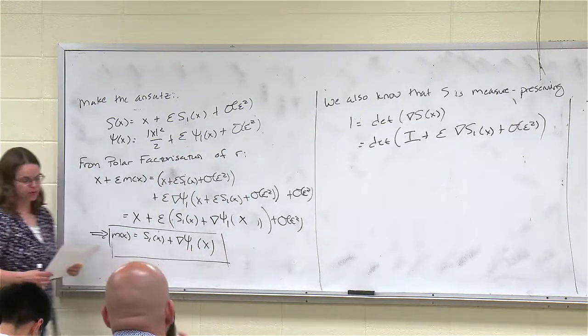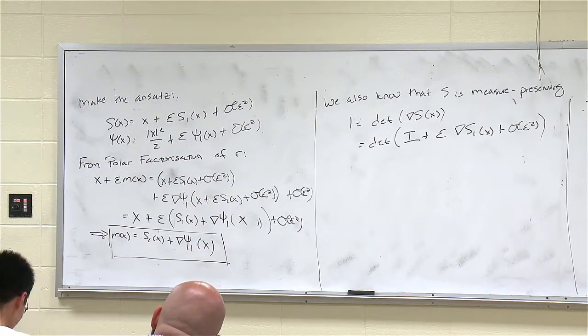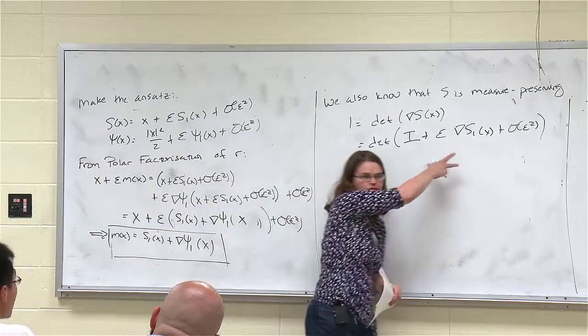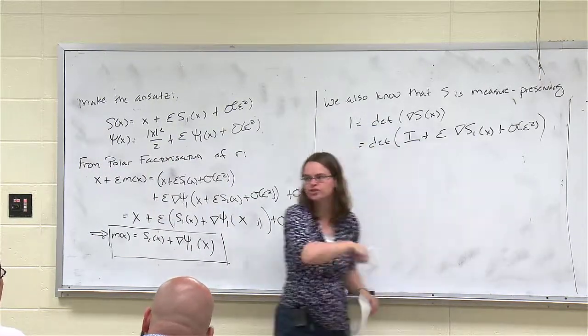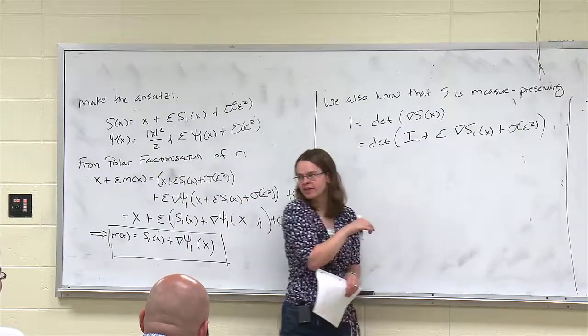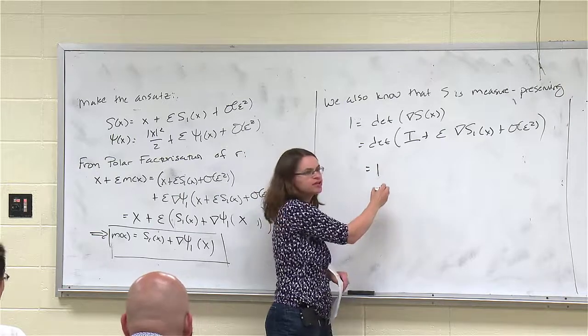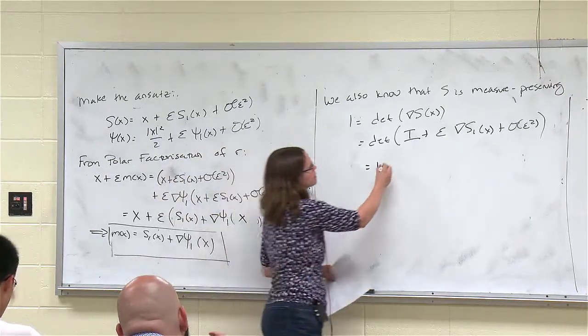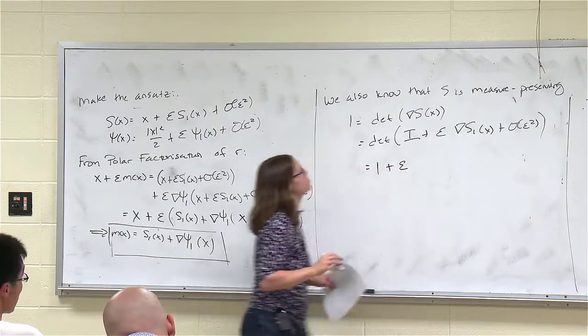So if I want to try to write this out, again, I don't care about exactly what this is. I just want to collect the order 1 terms, the order epsilon terms. The order 1 terms are just multiplying out the diagonals of this guy, 1, which is good. That's what we want to get. Then epsilon times something.